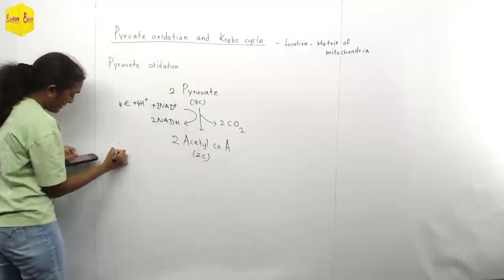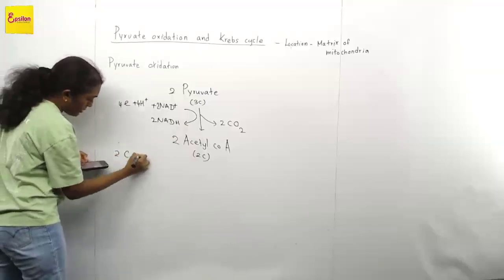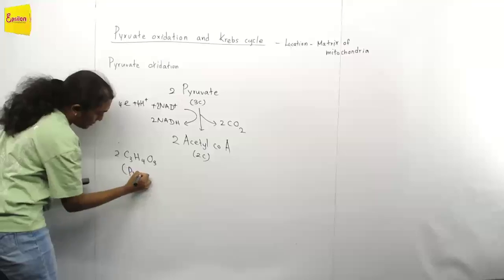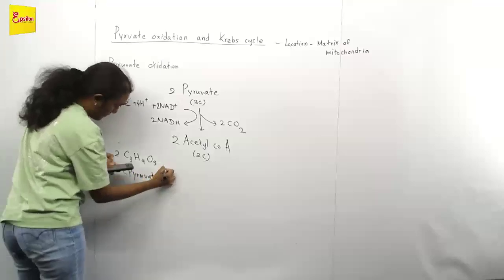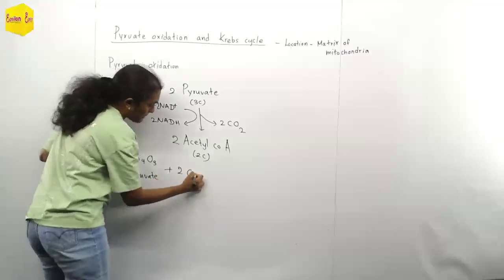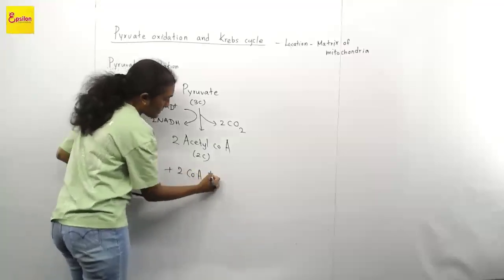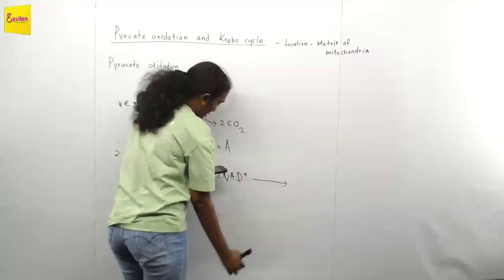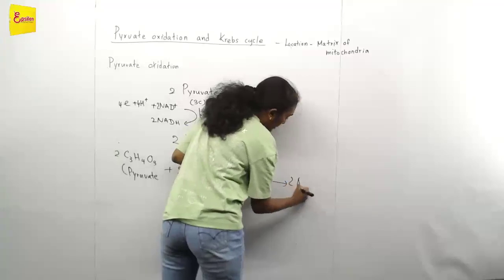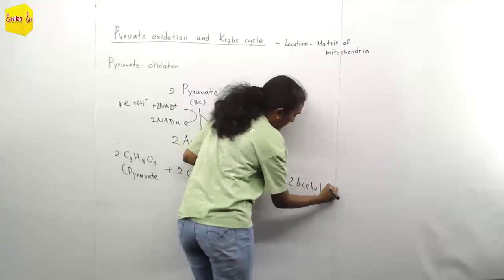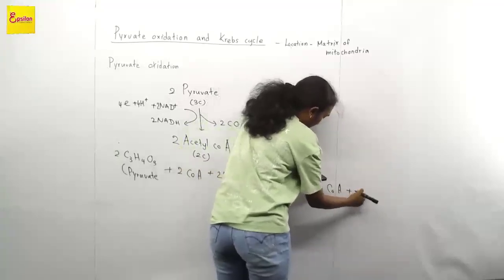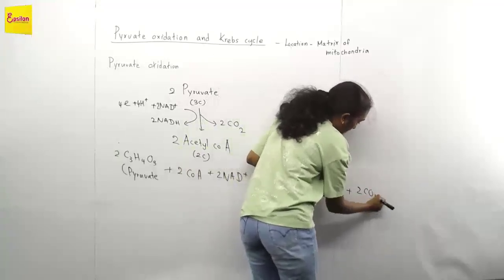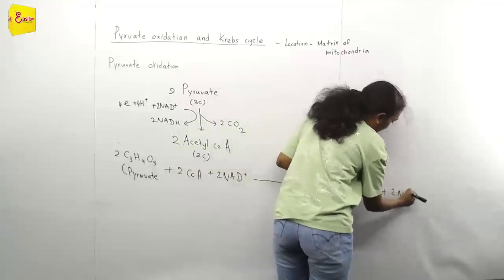So it is written like this: 2 C3H4O3, this is pyruvate, plus 2 coenzyme A plus 2 NAD plus will generate 2 acetyl coenzyme A plus 2 CO2 plus 2 NADH.